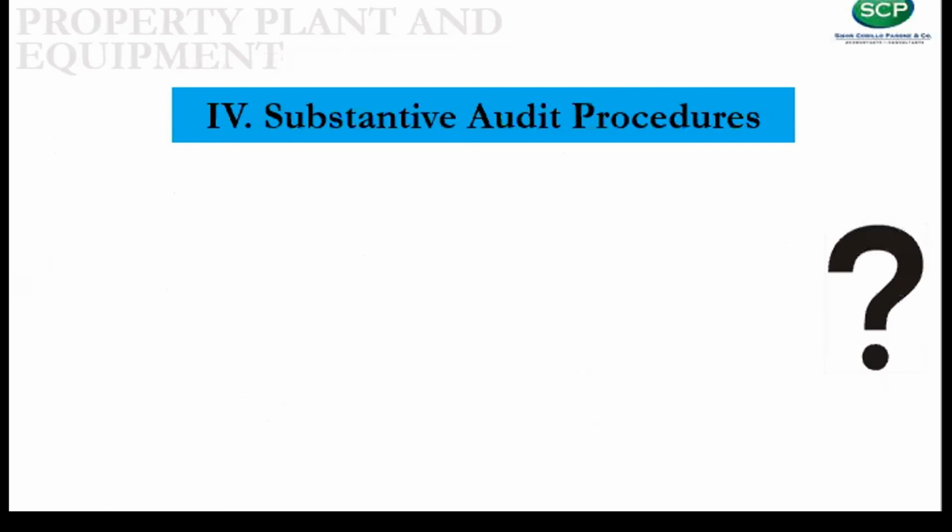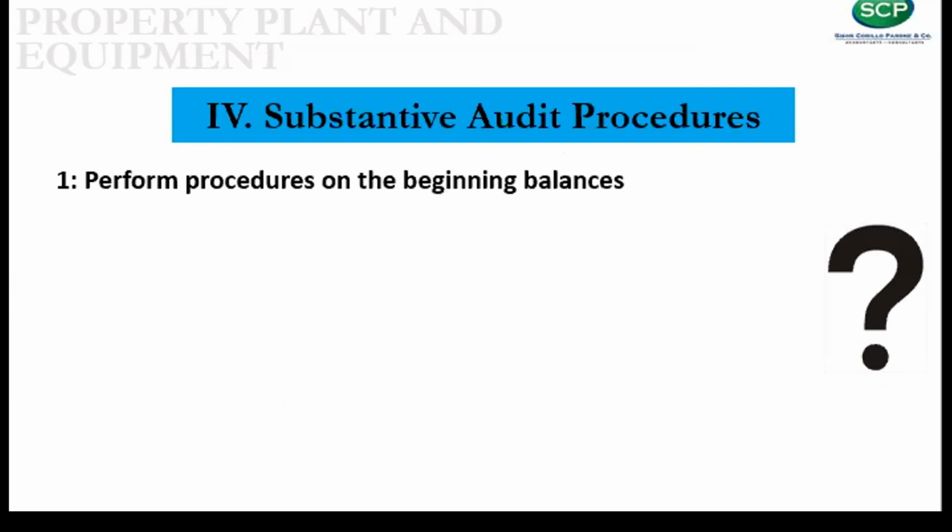Let's review the answers. For question number 1, is there a need to perform procedures on the beginning balances? Because you were not able to sufficiently verify the beginning balances of the fixed assets, then yes, you need to perform independent substantiation of such balances by inspecting documents for the cost and recalculating accumulated depreciation on a test basis.